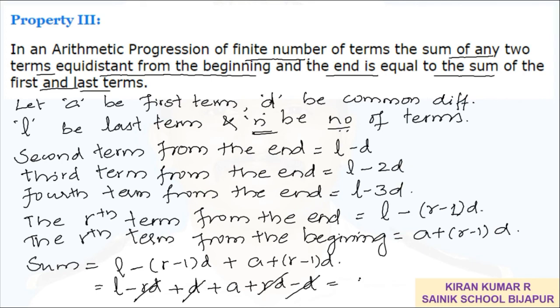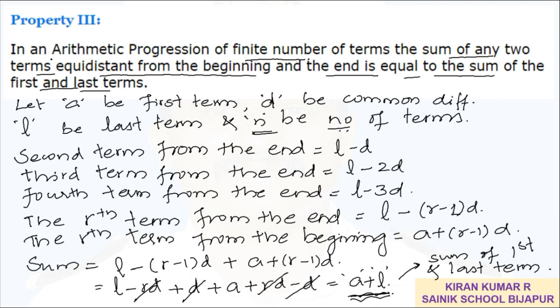We will be getting a plus L. So look at this, a is the first term, L is the last term. When they are added, the sum of any two terms equidistant from the beginning and the end is equal to the sum of the first and last terms. This is the property.